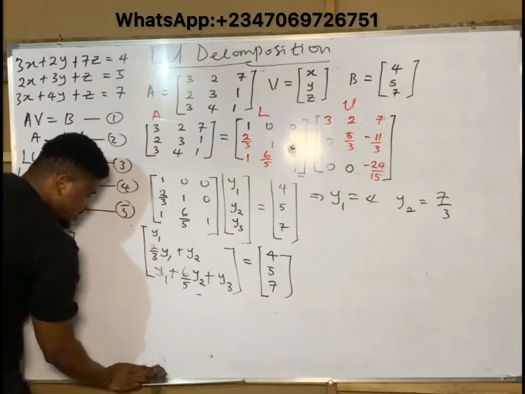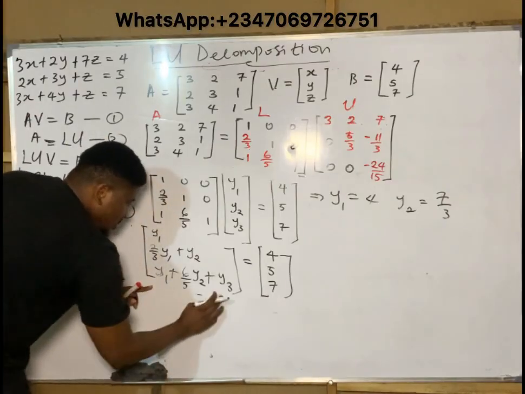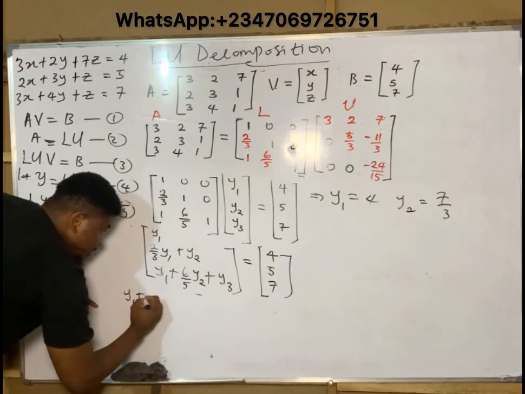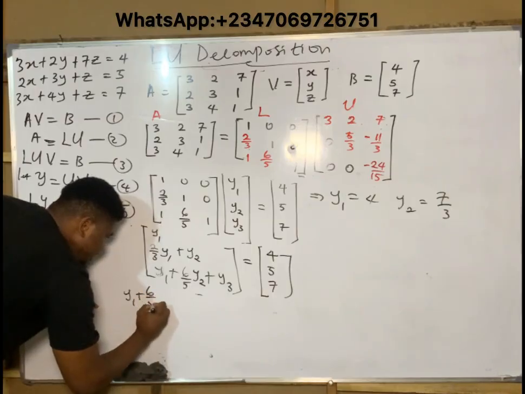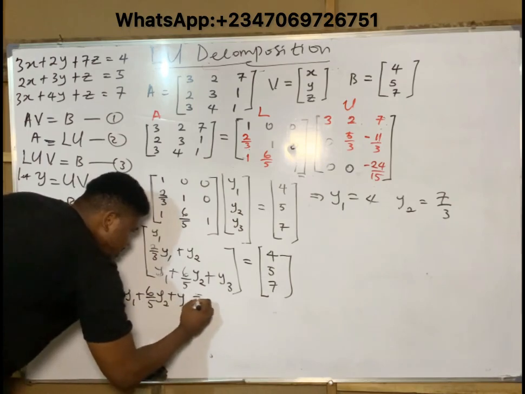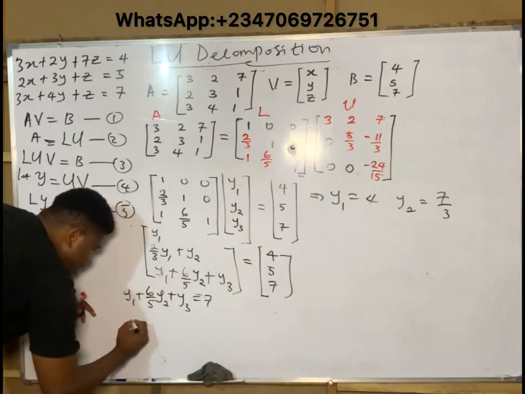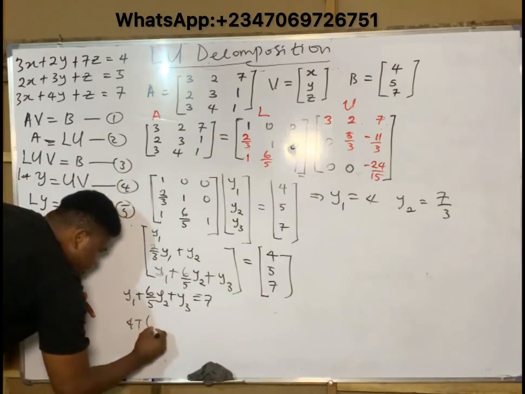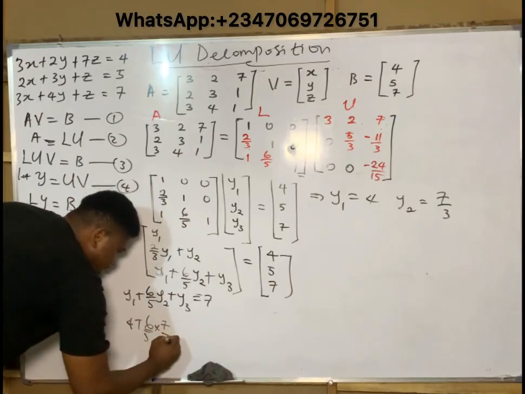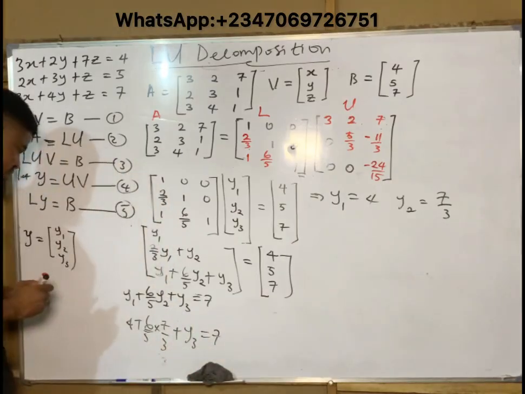Now, finally, for the third row, the whole of this is equal to 7, which is y1 plus 6 over 5 y2 plus y3 equals 7. So this becomes y1 is 4 plus 6 over 5 times y2, y2 is 7 over 3, plus y3 unknown equals 7.